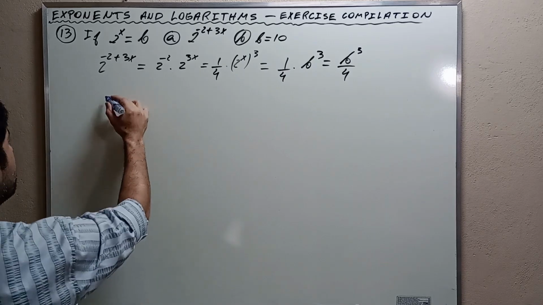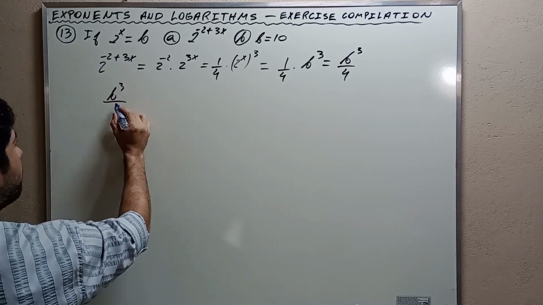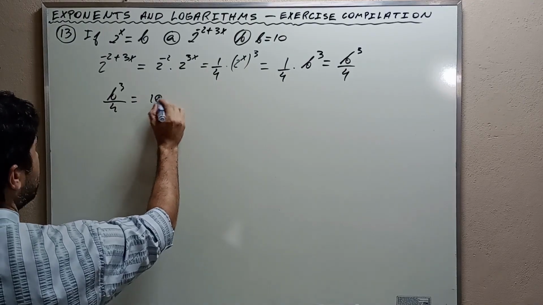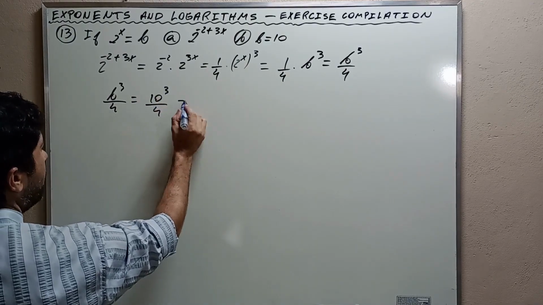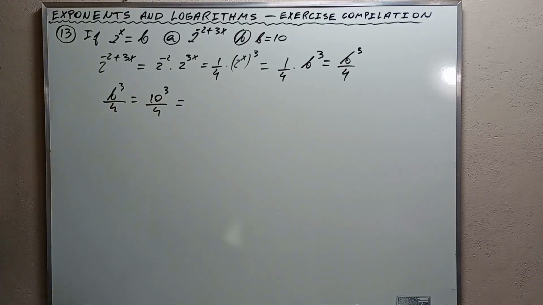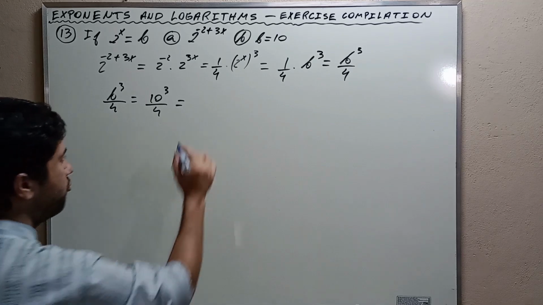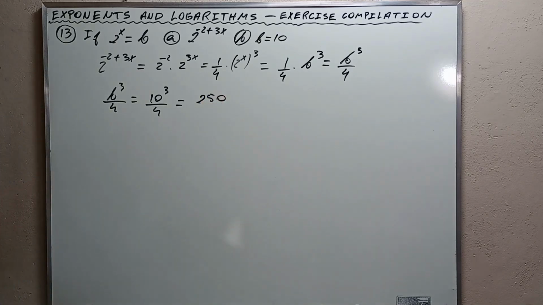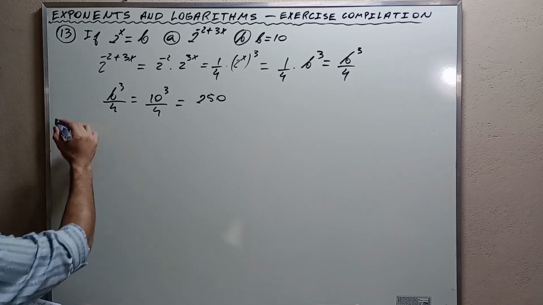Simply b cubed divided by 4 is going to be 10 cubed divided by 4, and we know that 10 cubed is 1,000, and 1,000 divided by 4 is 250. This is exercise 13. Let's go to exercise 14 now.